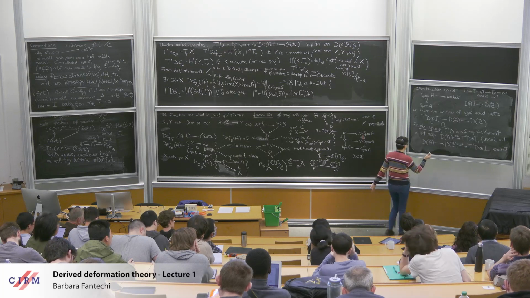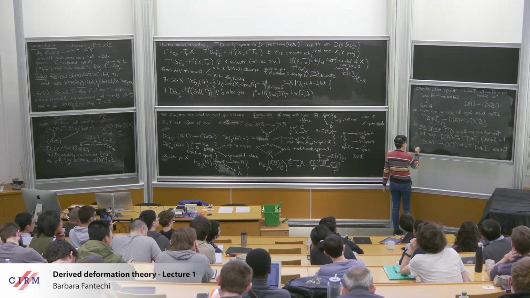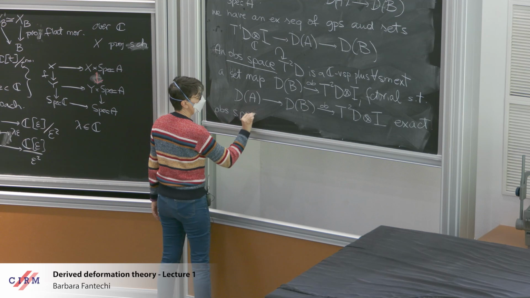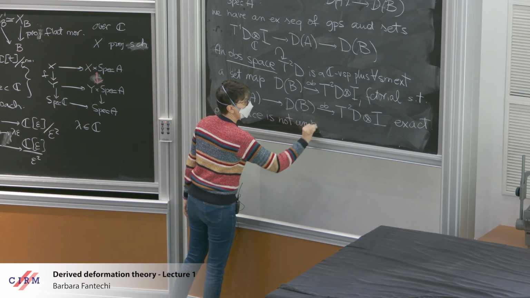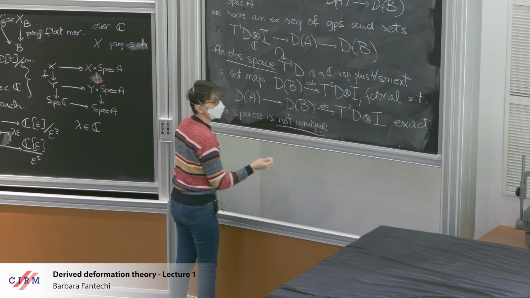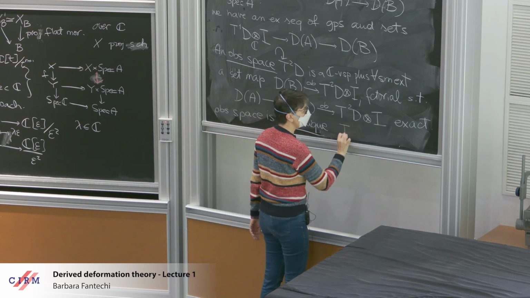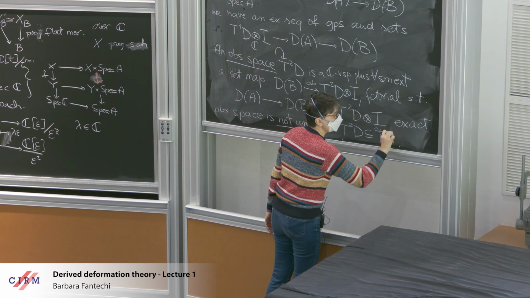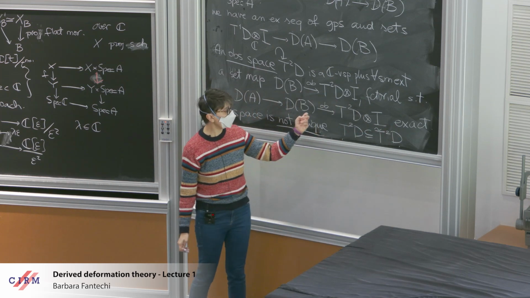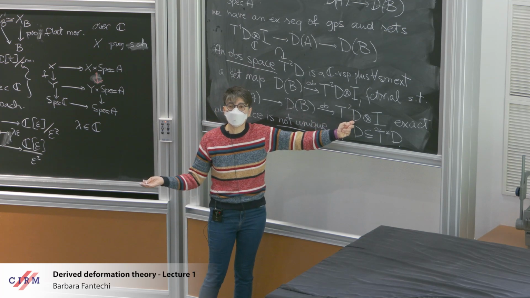But here it's clear that the obstruction space is not unique, because I can always replace T2 of D and put it inside some bigger vector space. All it sees is whether this is 0 or non-zero.